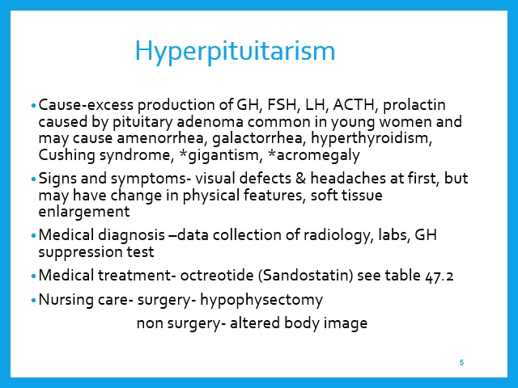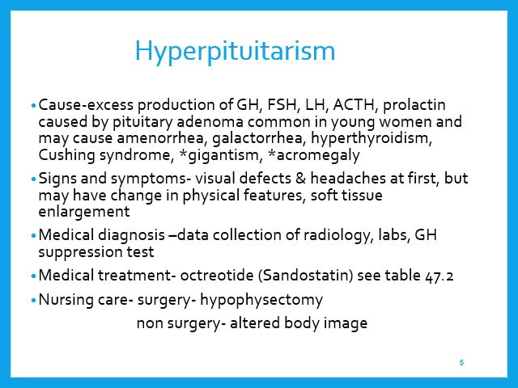All right, so what is hyperpituitarism? Well, the cause is excess production of growth hormone, follicle stimulating hormone, luteinizing hormone, and adrenocorticotropic hormone. Prolactin caused by pituitary adenoma, common in young women, and may cause amenorrhea, so no period, not menorrhagia.